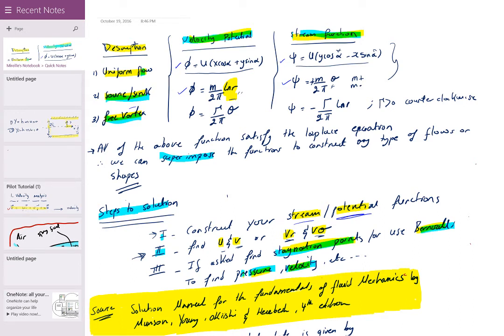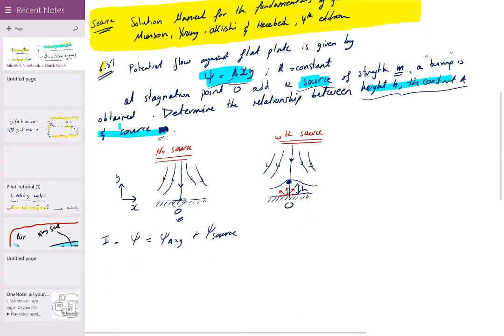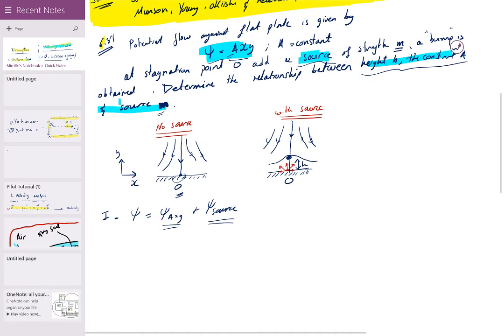That's because I want to work with theta and I don't want to work with ln r. It's your preference, whichever way you feel more comfortable, you can do that. So let's solve this problem here. I have identified my two flows and I'm going to add them up. So I'm going to end up having Axy plus the source, m over 2 pi theta.